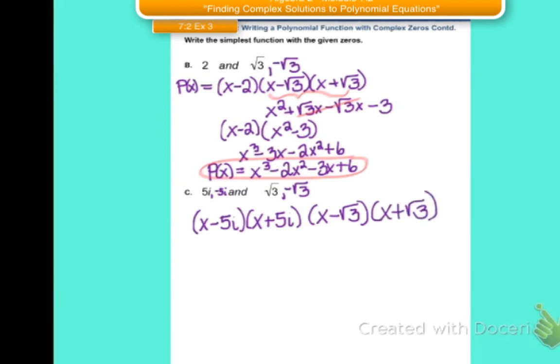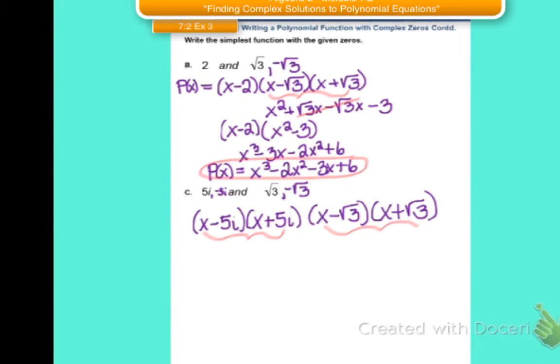Now this time we have 4 binomials to multiply, and really the best way to do that again is to match up these conjugate root pairs. So I put these two together, multiply those, put these two together, multiply those, and then whatever I get, multiply those final things together.